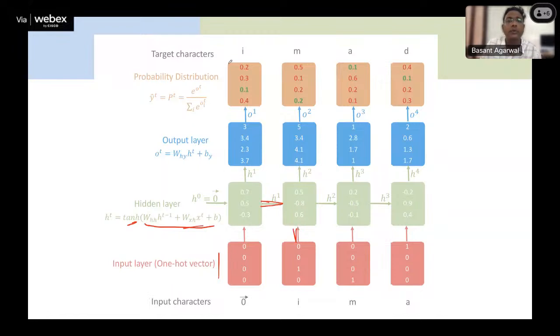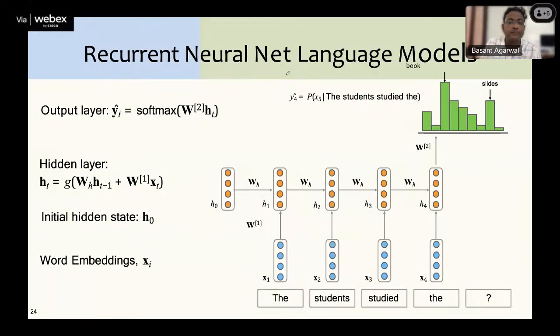Similarly, we take the output, and each time we are predicting the character as an output.